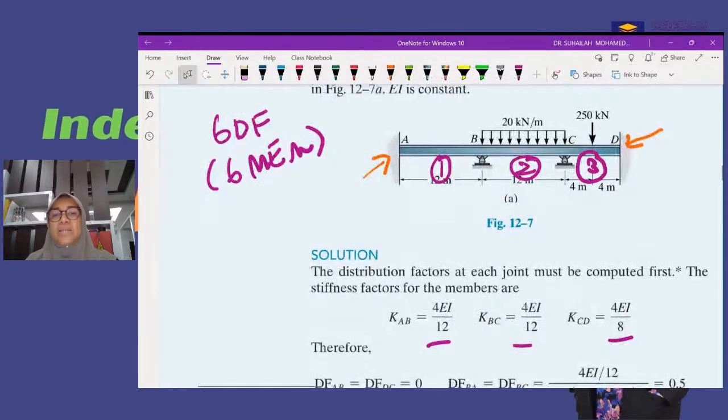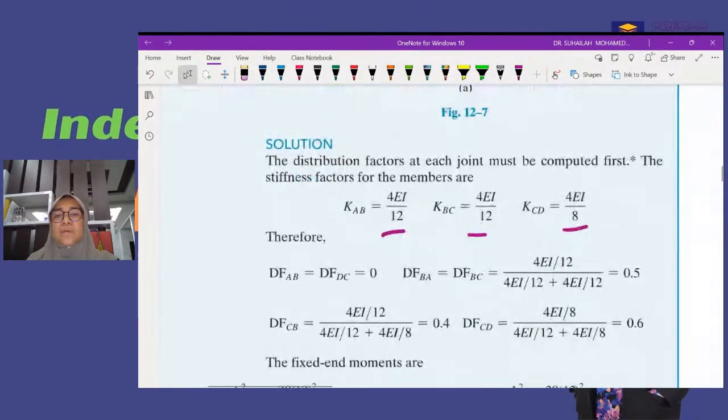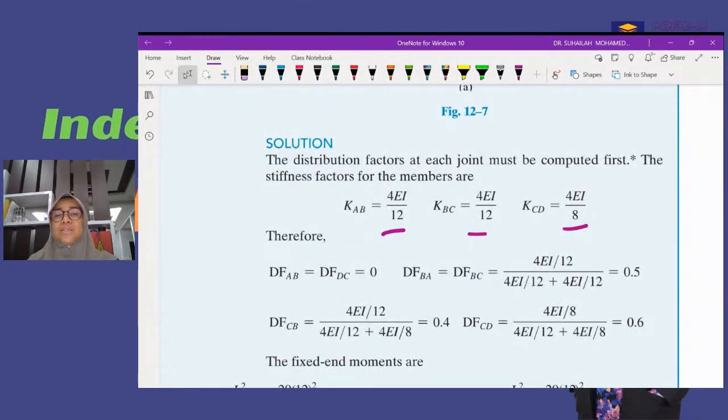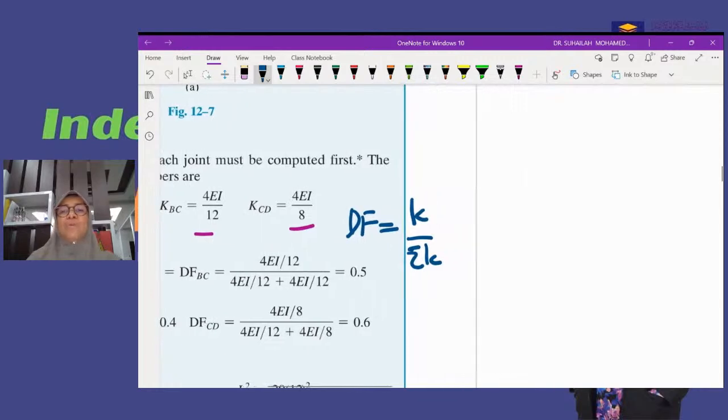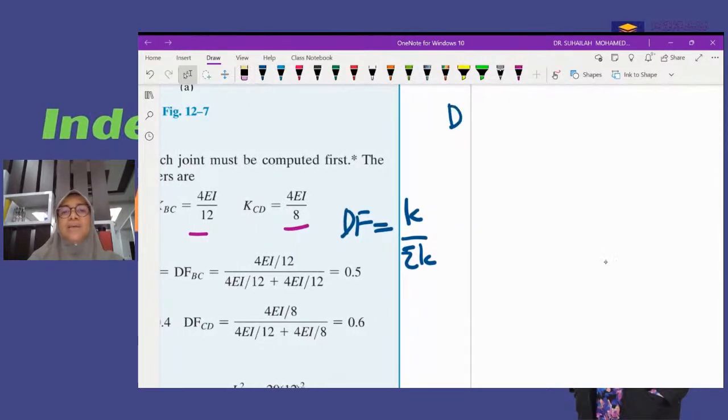This is the formula: DF is K divided by total K, or K joint. For example, to calculate DF for AB, we have KAB divided by KA.